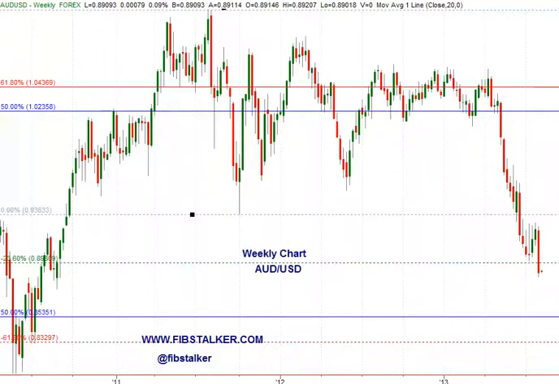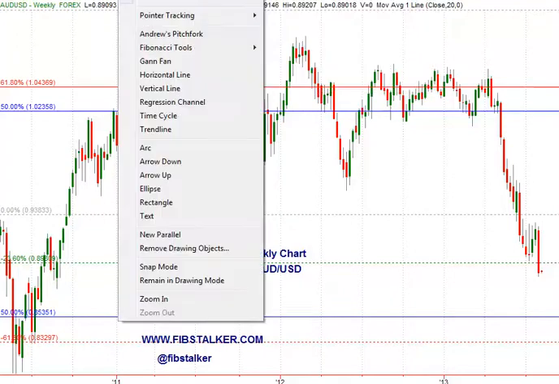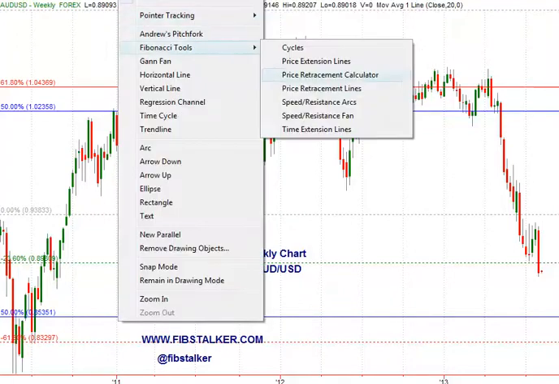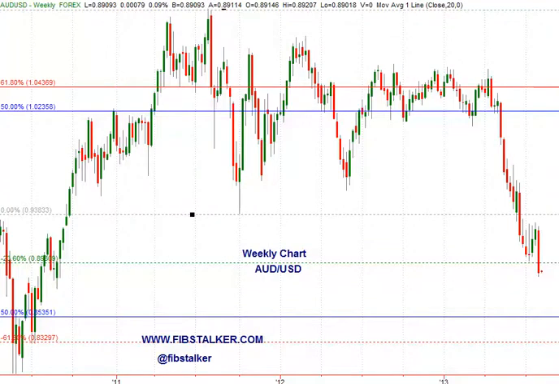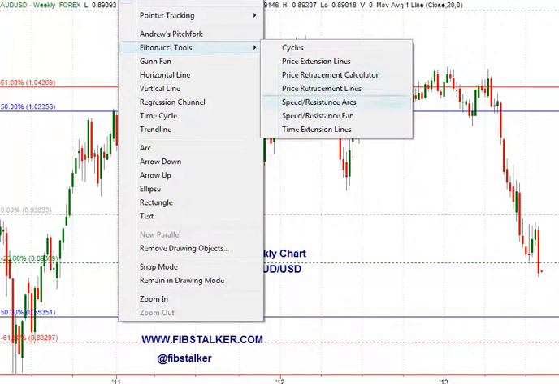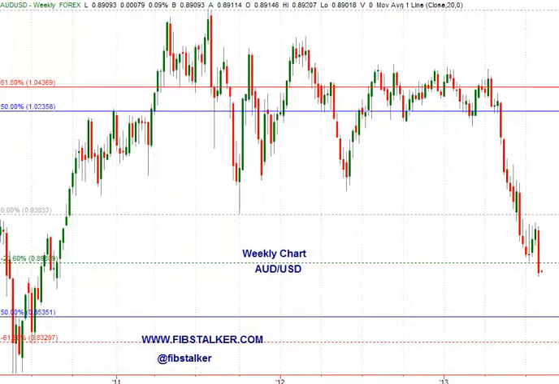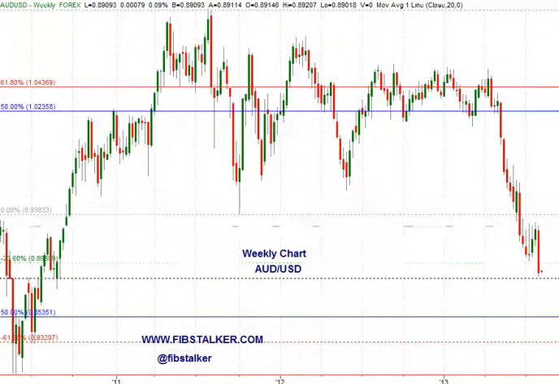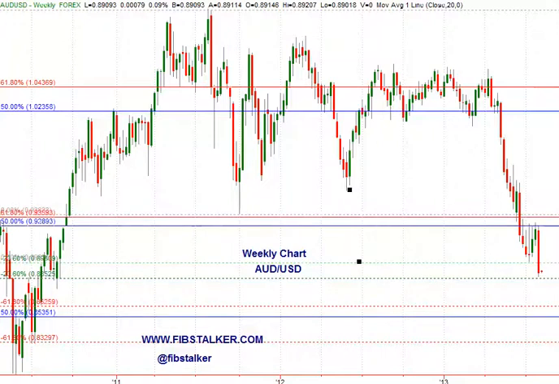Now I anticipate this market to continue lower into the 0.85. It's important to understand how this is going to happen, and I want you to notice that there is a measure move from previous lows to lows, and this has been in play, as we can see here, and the target was also hit.